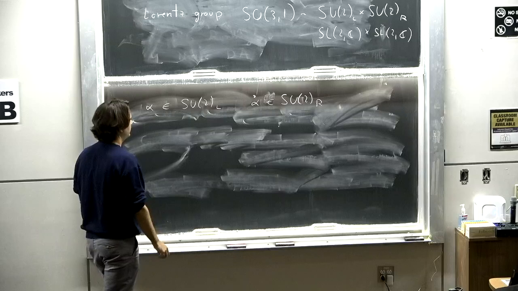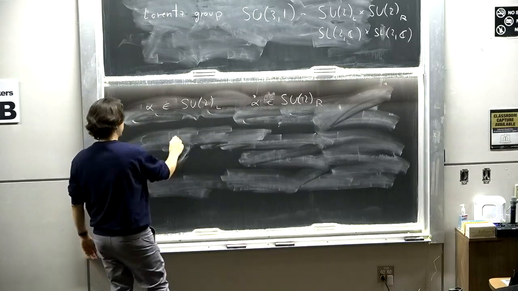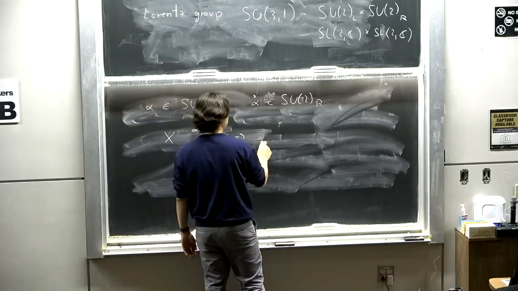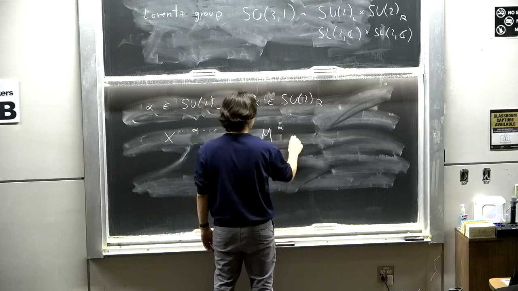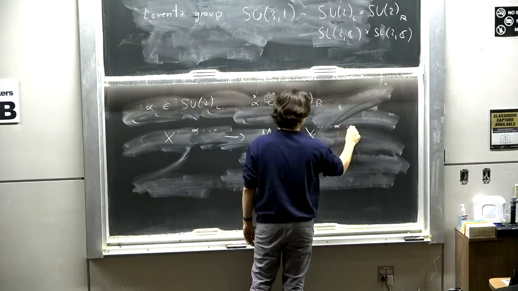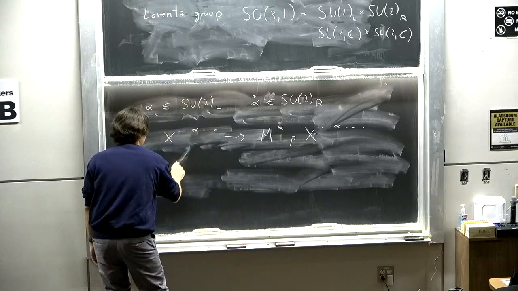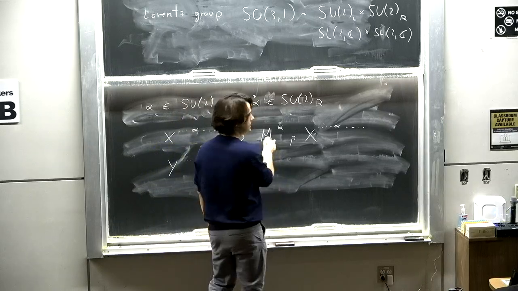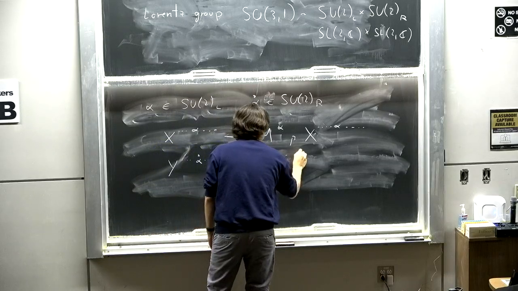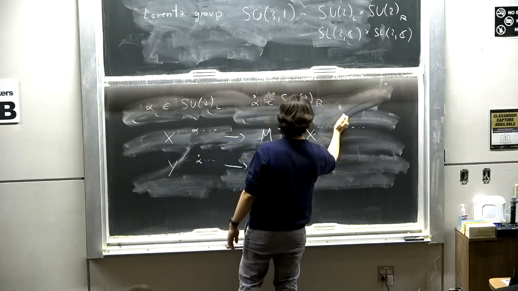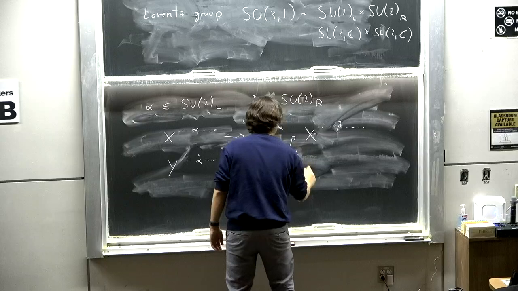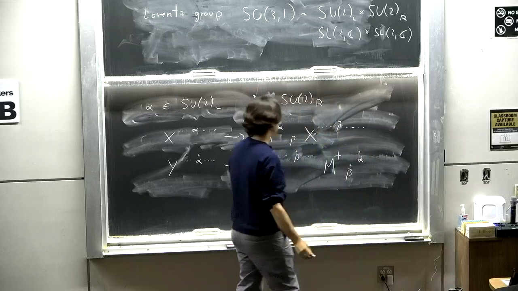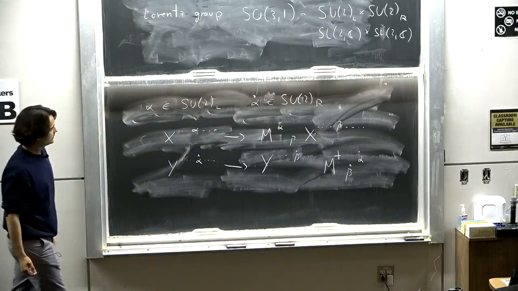Okay, and if I have some object which has one of these indices, under a Lorentz transformation, it will just act with some matrix M. And similarly, if I have another object which has one of these alpha-dot indices, then I will act with basically the adjoint of M. Okay, why is this useful?